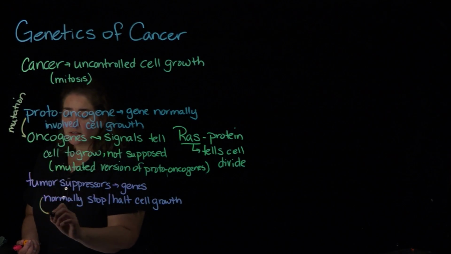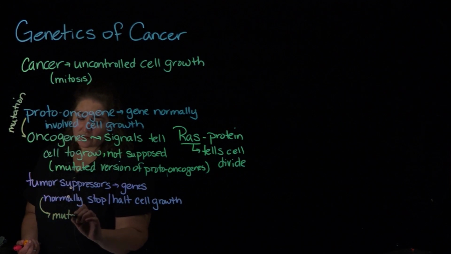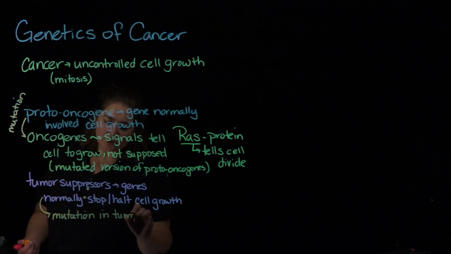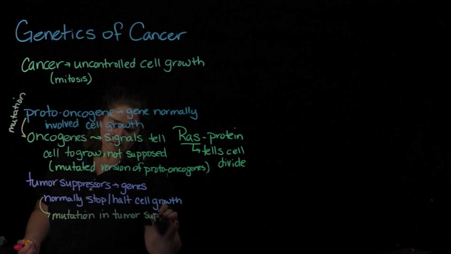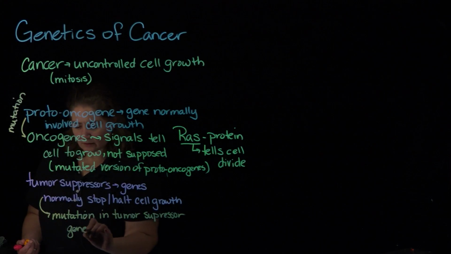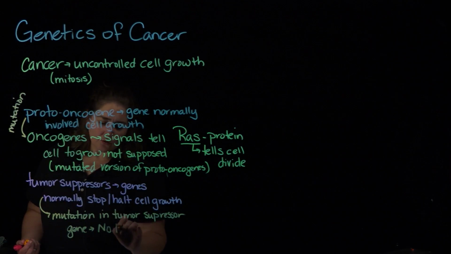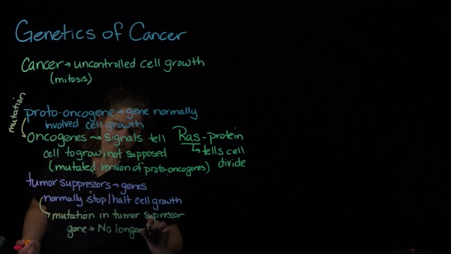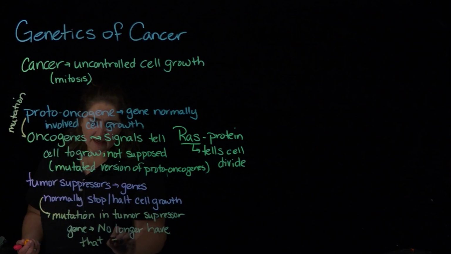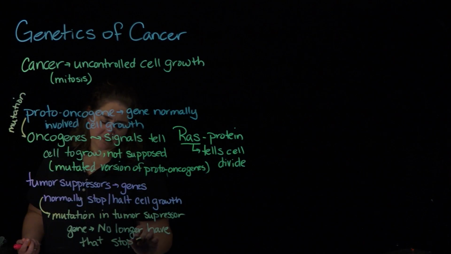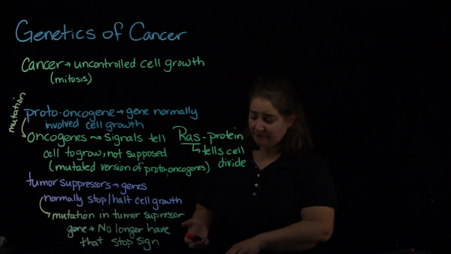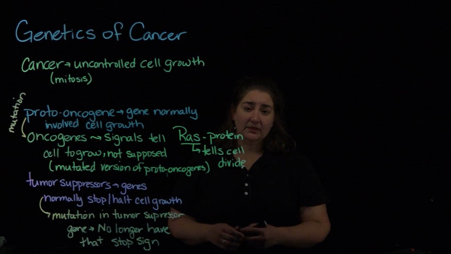The problem is if we get a mutation in a tumor suppressor gene, we no longer have that stop sign, or the signal for that oncogene to stop dividing, okay?